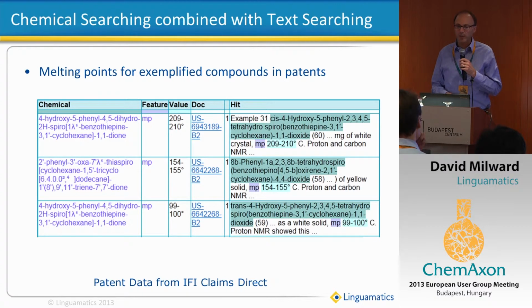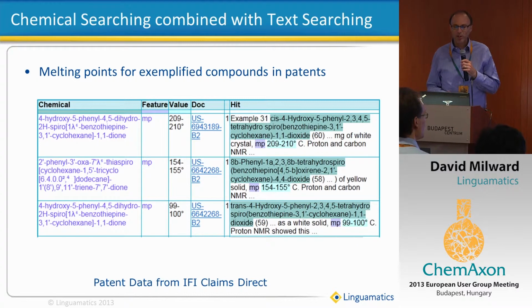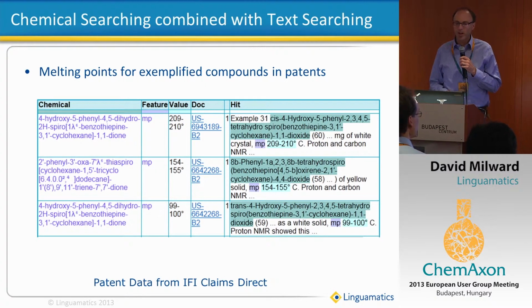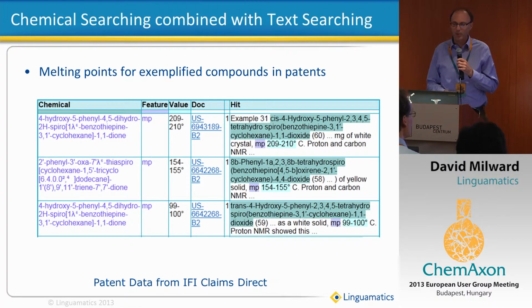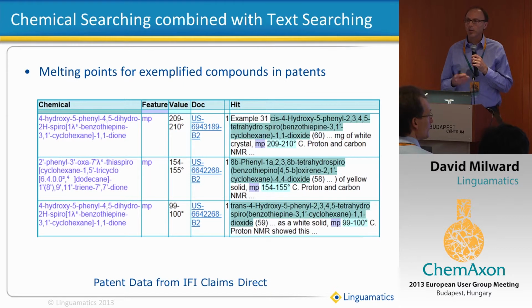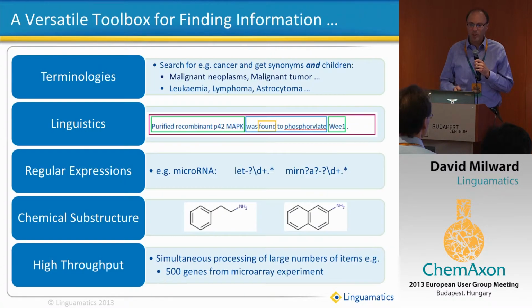For example, in this case, using ChemAxon's Name to Structure to interpret the chemicals, assign them a structure, and standardize them back to a standardized IUPAC name to cluster better. In this case, also pulling out the melting points and the values of the melting points. So taking unstructured text and getting structure out of it, you can then put it into databases, cluster it differently, and visualize the data.